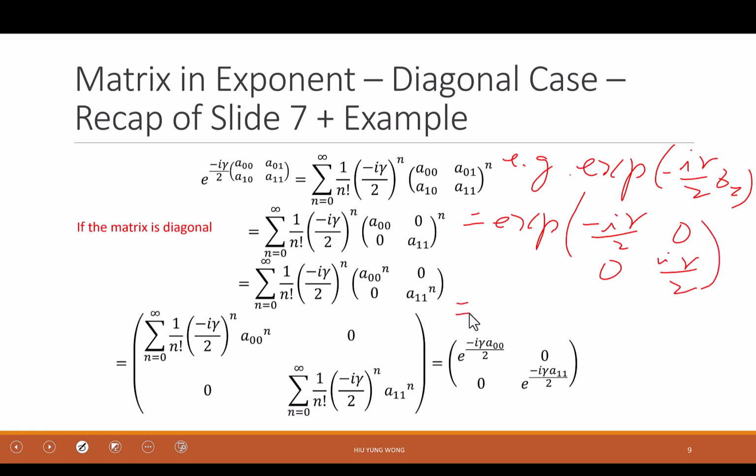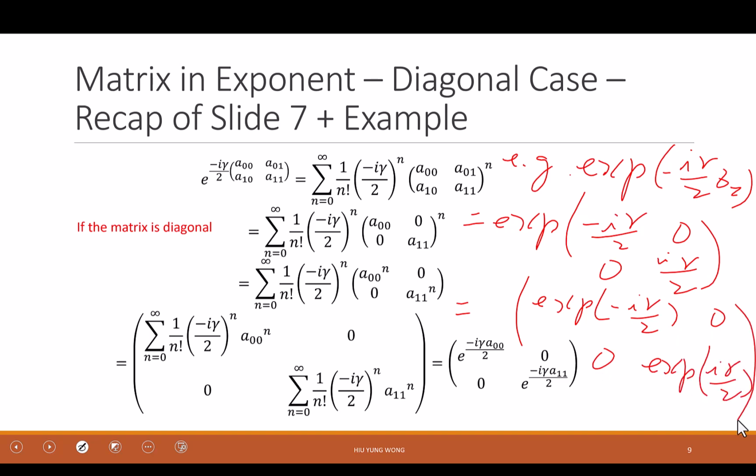Because it's diagonal, the result is exponential negative i gamma divided by 2, 0, 0, exponential i gamma divided by 2. Is that okay? Any questions? Because it's diagonal. Okay, good. So we have learned this skill.